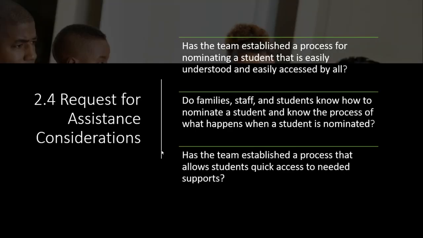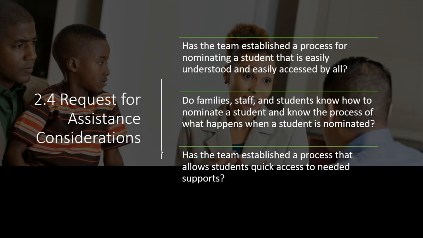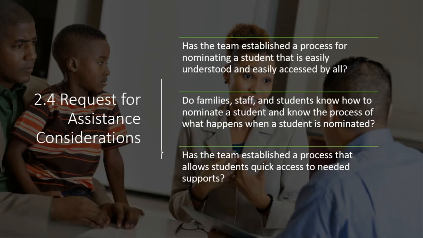So some things to think about for 2.4, or that request for assistance. Has the team established a process for nominating a student that is easily understood and easily accessed by all? So again, in your training and when you're thinking about professional development, all teams, all student personnel that work in that building need to understand the process for nominating a student for tier 2.